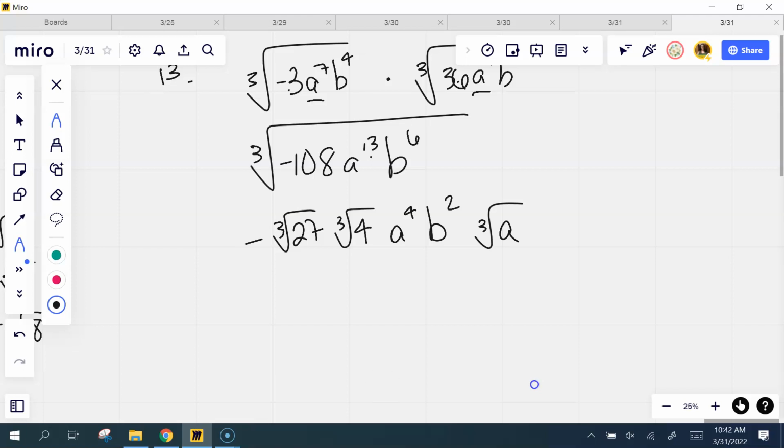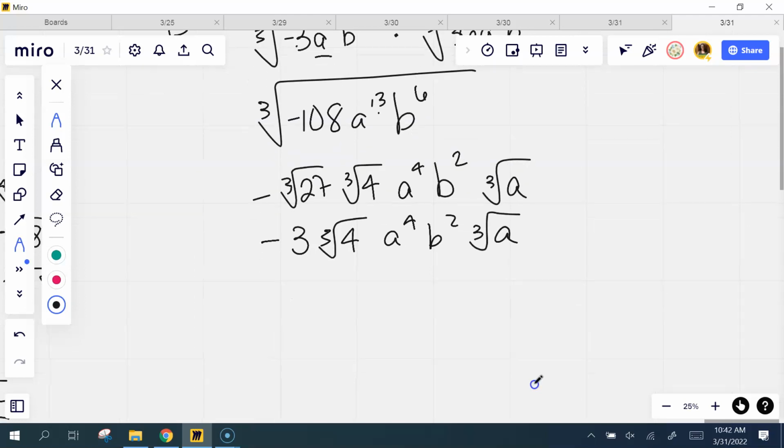So I have negative 3, I'm going to just write it all out so you see where we're at. Now I'm going to put what's under the radical together and what's outside the radical together. So negative 3a^4b^2 times the cube root of 4a.